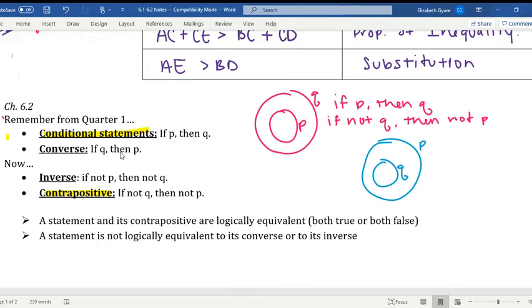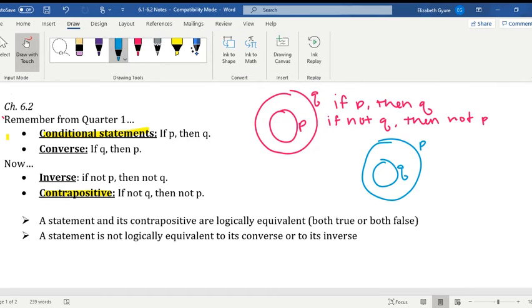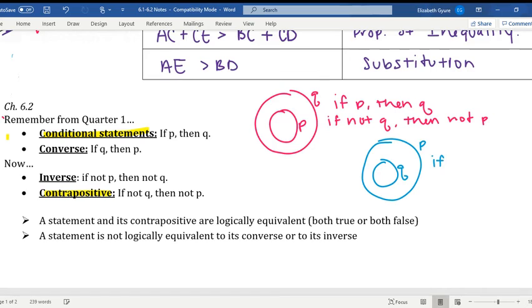The other kind works for a converse and the inverse, because the converse and inverse are then logically equivalent because it's the opposite of the others. So this works for if Q, then P, and it works for if not P, then not Q. Okay.